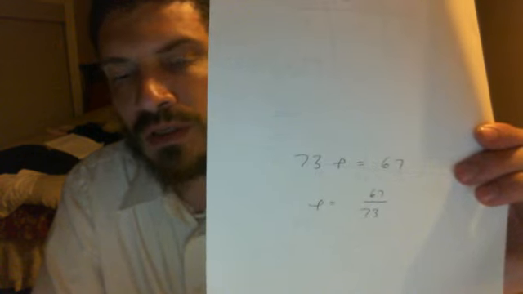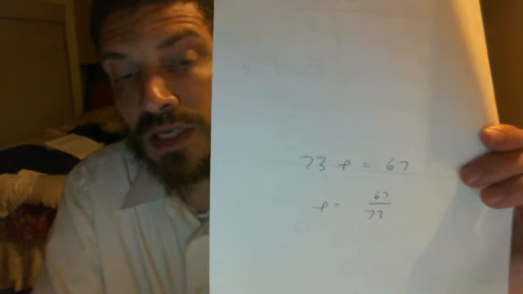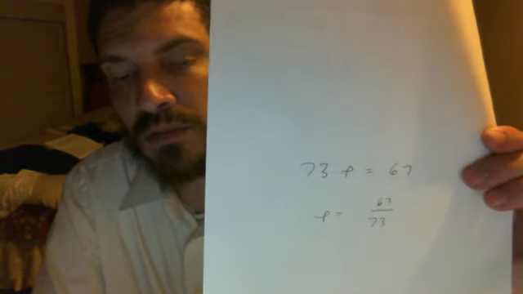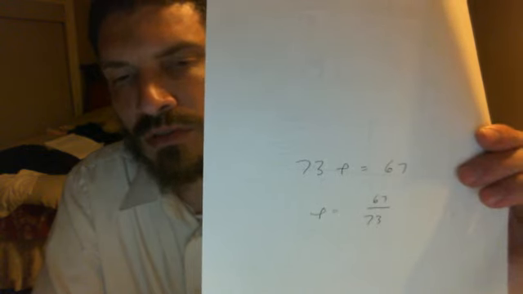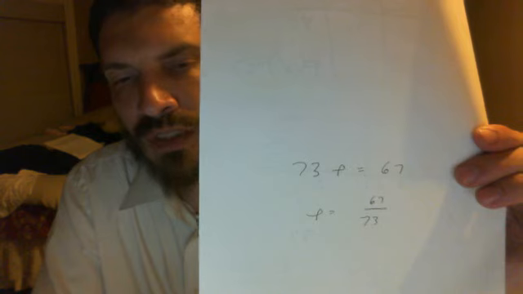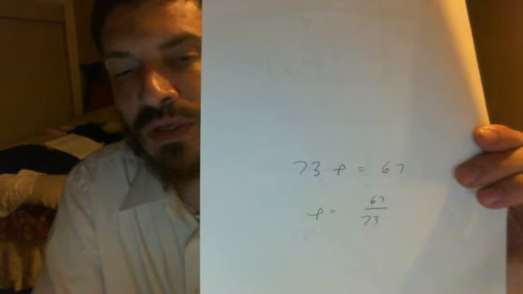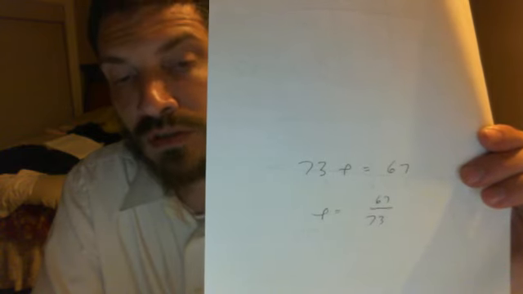But the most that can be on 73, and needless to say above 73, is 67 over 73. Don't even dream to put more of the weight of this distribution than that. That's like 91%. Don't even dream to put more than that percent above 73.